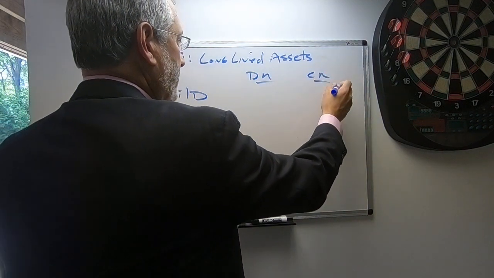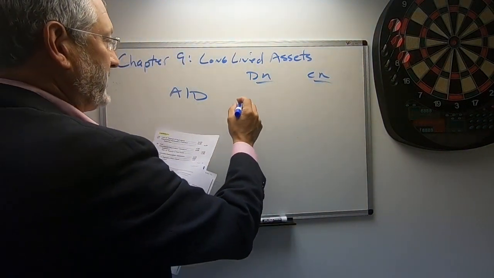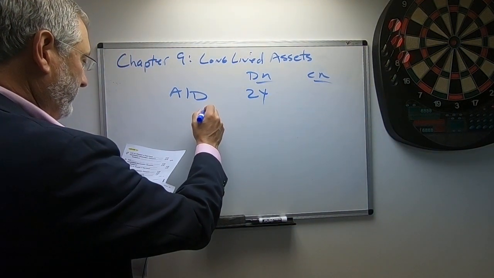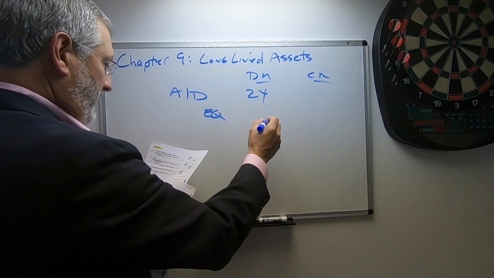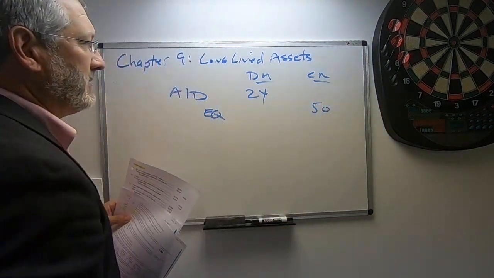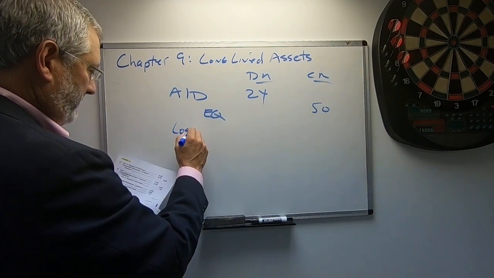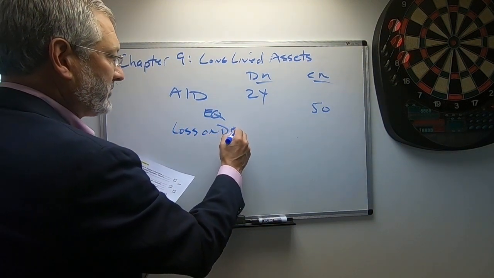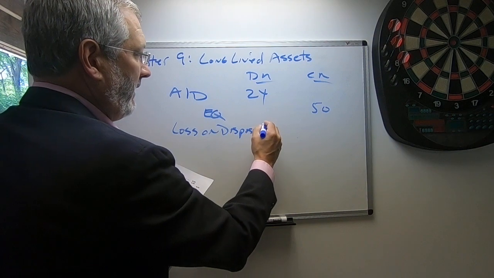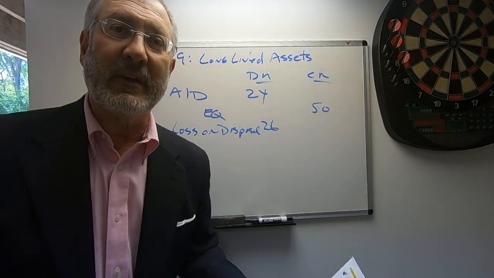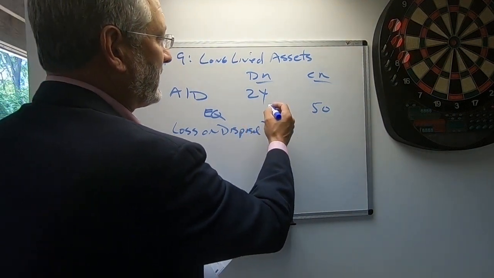Remove the accumulated depreciation for $24,000. We're going to remove the equipment for $50,000. And remember, our debits have to equal our credits, so we're going to have a loss on disposal of $26,000.